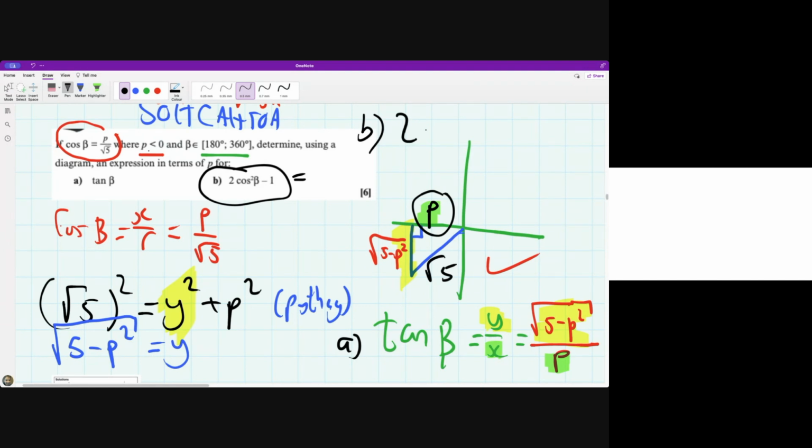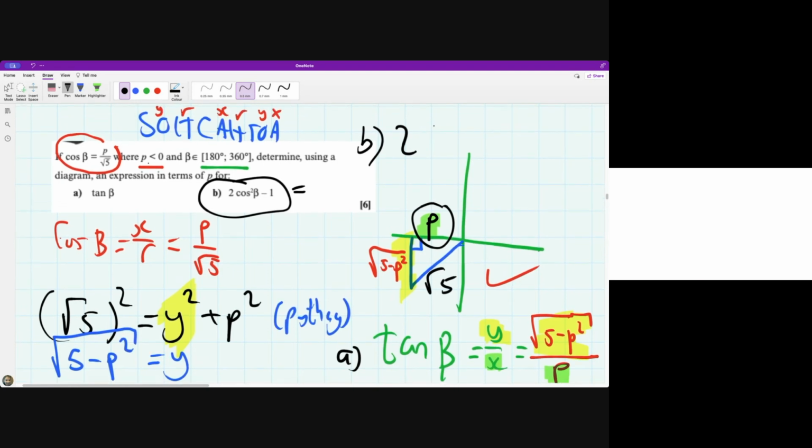All right, so for this one here, all I'm going to do is say cos is, what is cos? Cos is x over r. So I've got x over r, but it's x over r squared. So another way of saying that would be 2 times that squared, minus 1. Then what was x? x was just p, and r was just this horrible thing over here.